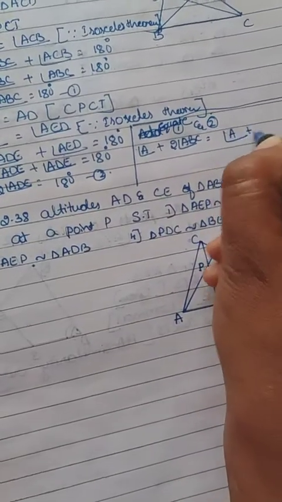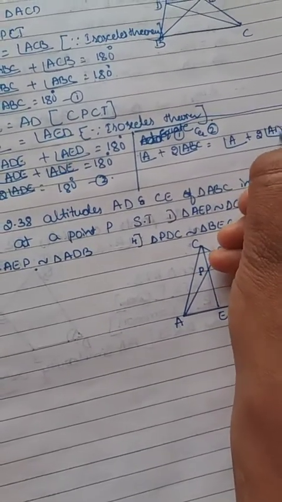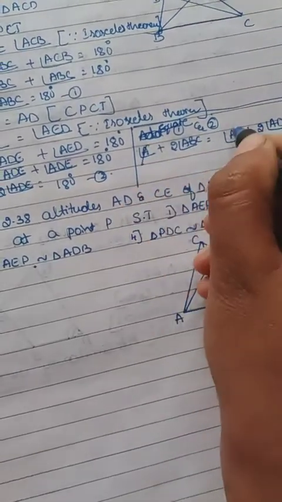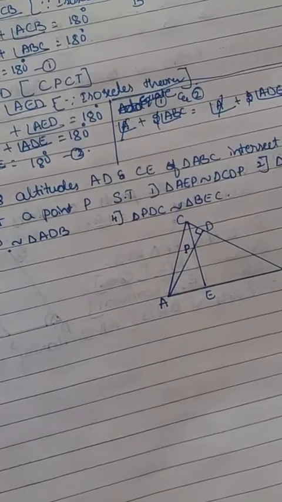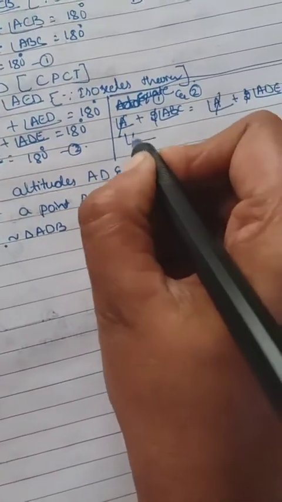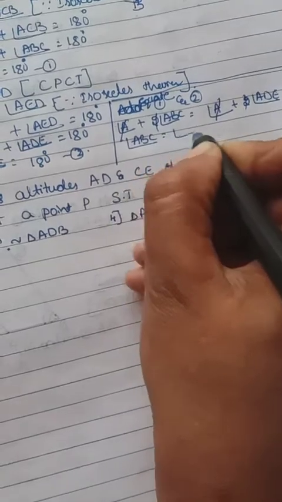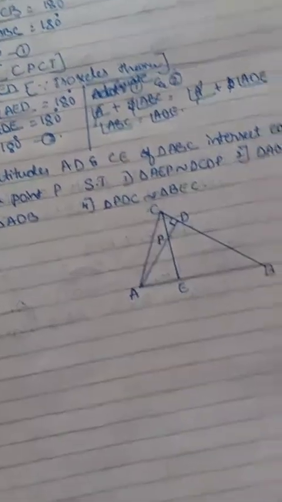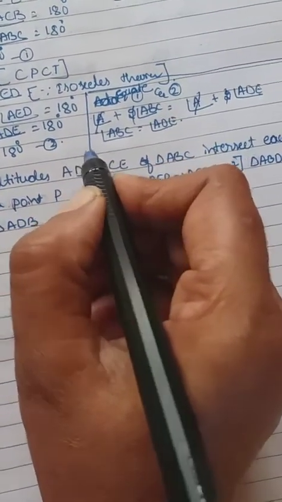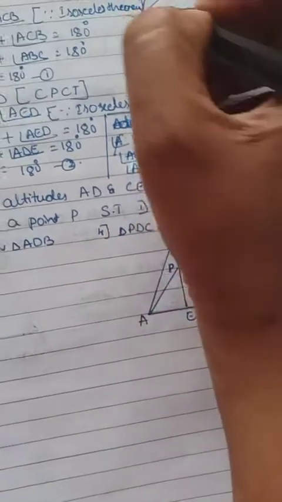Angle A plus 2 angle ABC equals angle A plus 2 angle ADE. Angle A cancels, 2 cancels, so angle ABC equals angle ADE. Also, in triangles ADE and ABC, angle A is common to both.